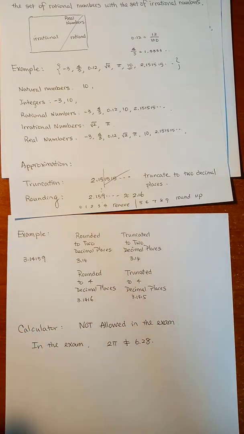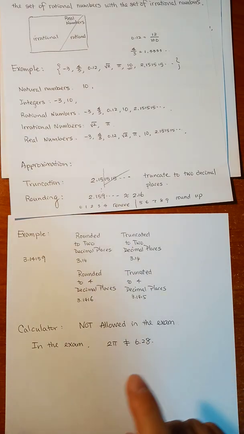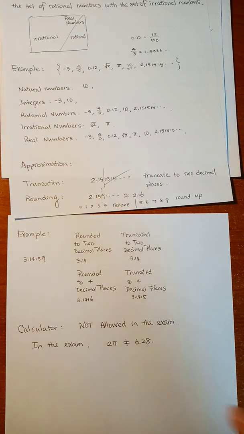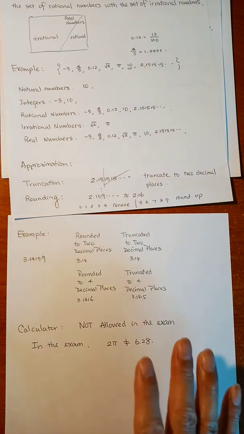Don't use approximation to write your answer. 2 pi is 2 pi. Square root of 2 is square root of 2. If I see 1.4142, it means you used a calculator because no one will memorize those numbers correctly to several decimal places. So don't use approximation.